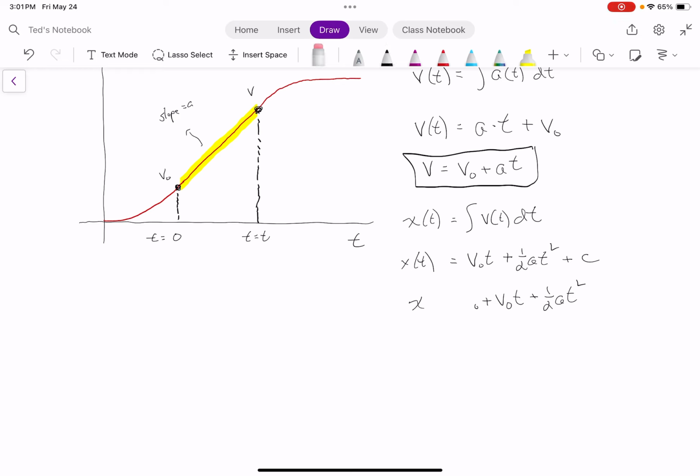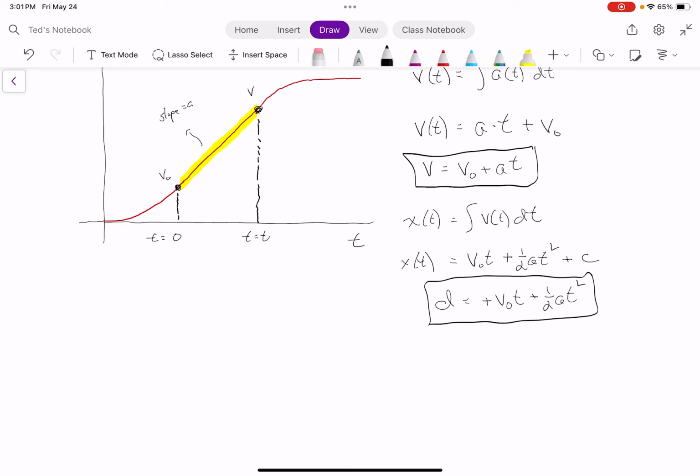So we end up with x minus x0, final position minus initial position, is equal to v0t plus 1/2 at squared. And this x minus x0, that's the final position minus the initial position, we call that the displacement of the object. And this would be our second equation.